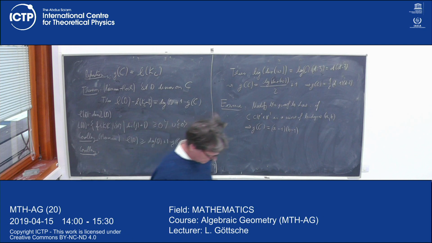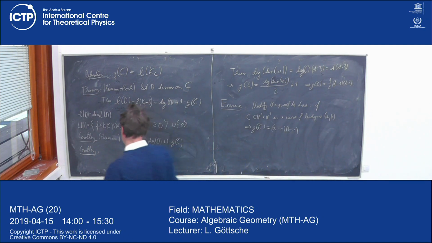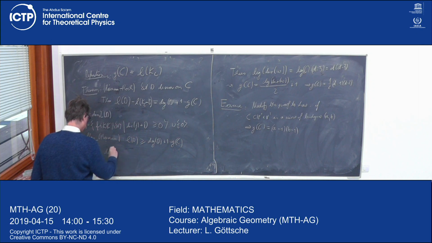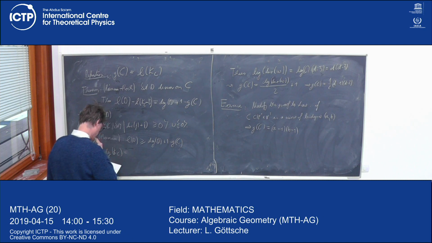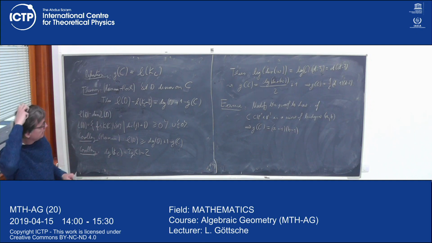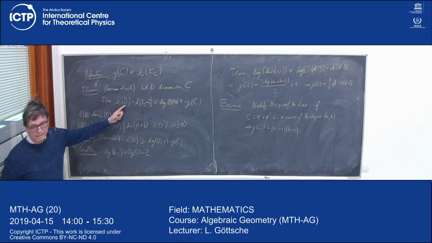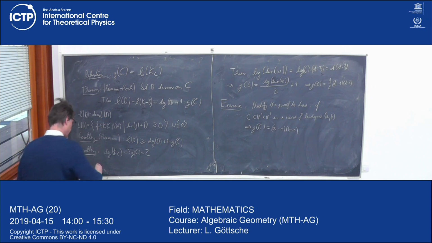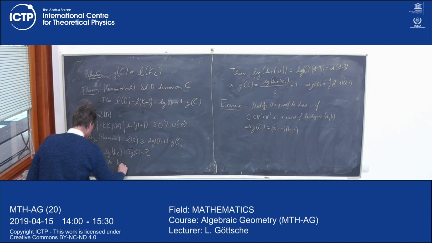So the degree of the canonical divisor of the curve C is equal to 2g of C minus 2. For this we apply the Riemann-Roch formula for D equal Kc. So apply Riemann-Roch to Kc.